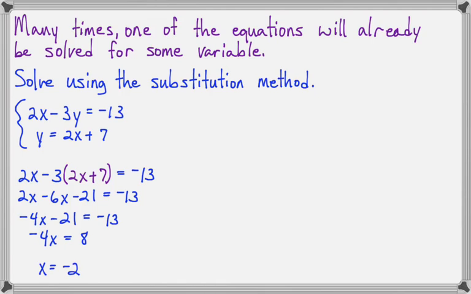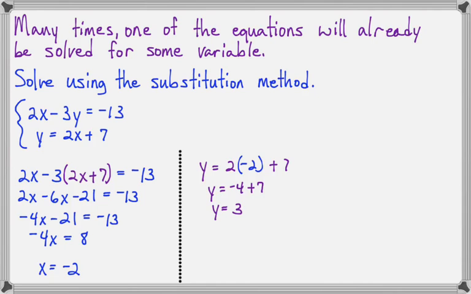Divide both sides by -4 and we get x equals -2. Now take your x and plug it into the solved equation. So we'll get 2 times -2 plus 7, which gives us -4 plus 7, which is 3. Now, the solution is (-2, 3).